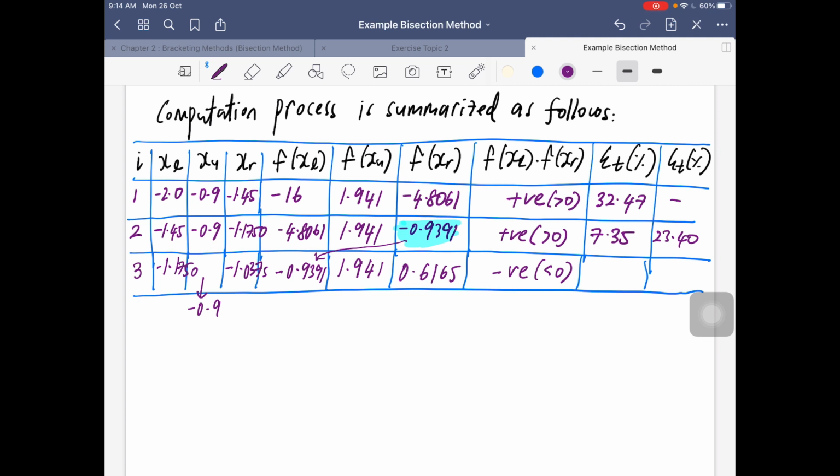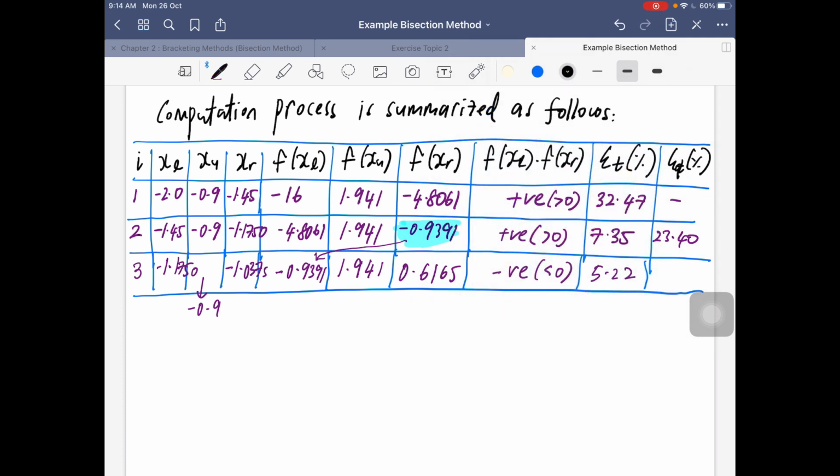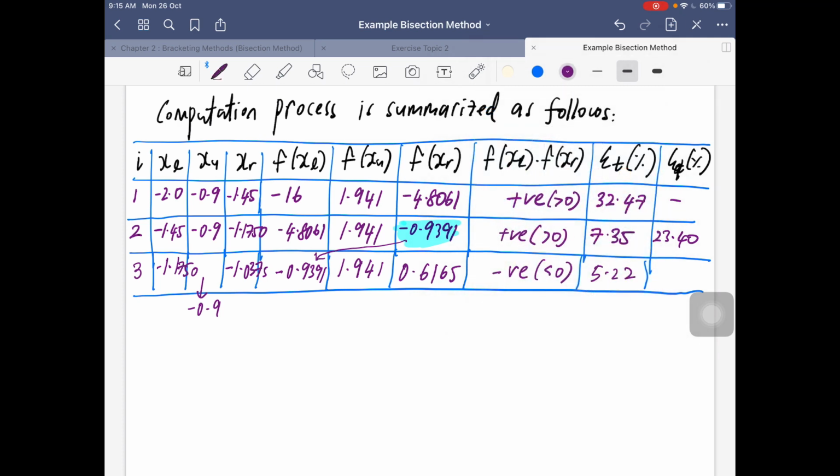However, since we only need to calculate up to 3 iterations, never mind. Calculate the true percent relative error. You should get 5.22. Then calculate the approximate percent relative error. You should get 13.25.